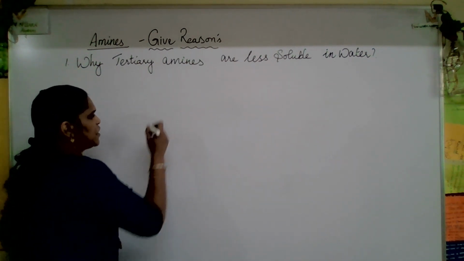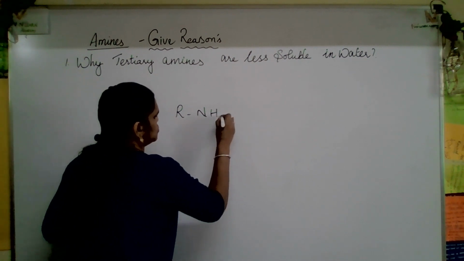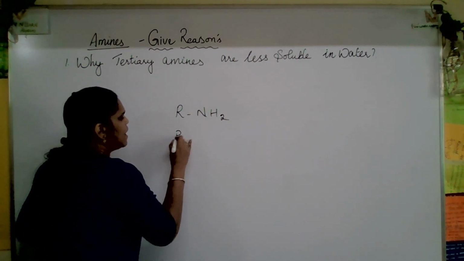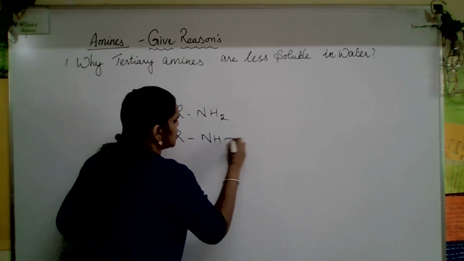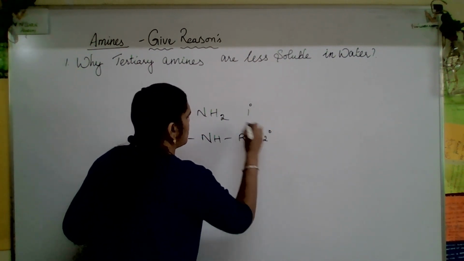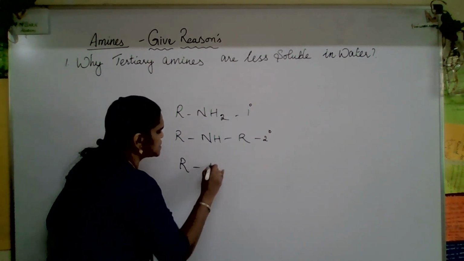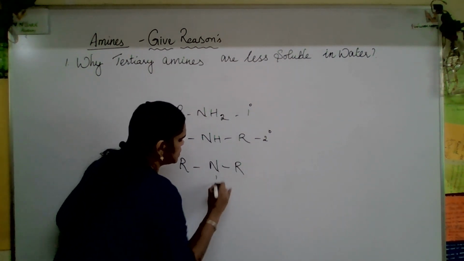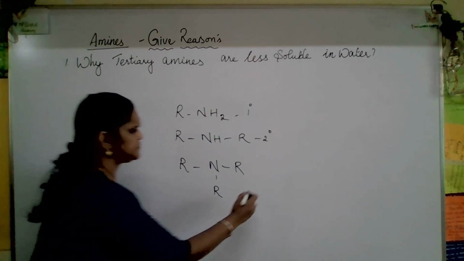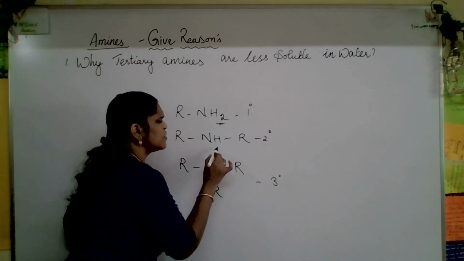As we are talking about primary and secondary amines, NH2 is a primary amine, and NHR is a secondary amine. Now the tertiary amine is R, N, R, with a third R. In primary amines, hydrogen is there.